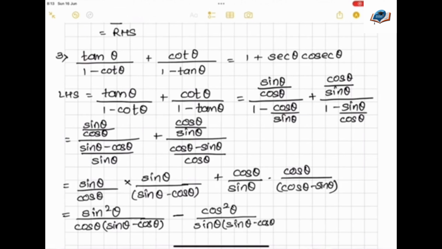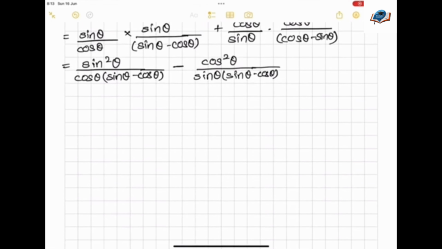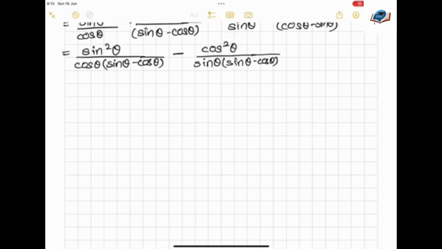Now I am again doing the LCM. So sin theta cos theta into (sin theta minus cos theta). So I will get sin cube theta minus cos cube theta.